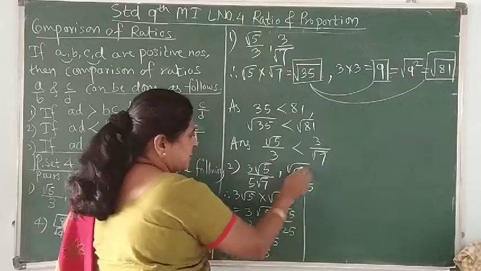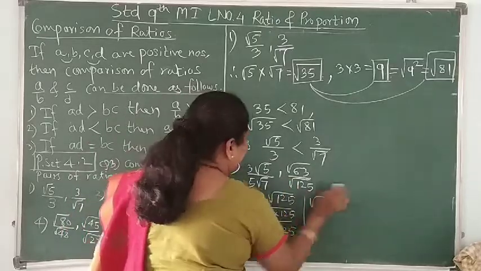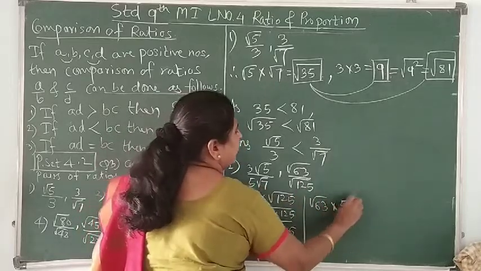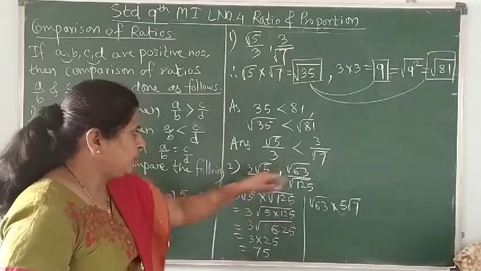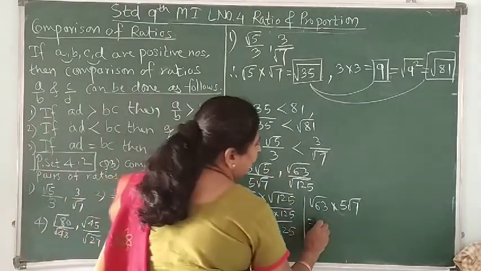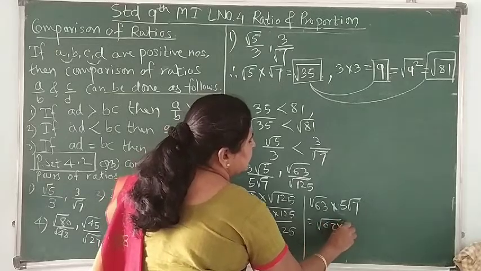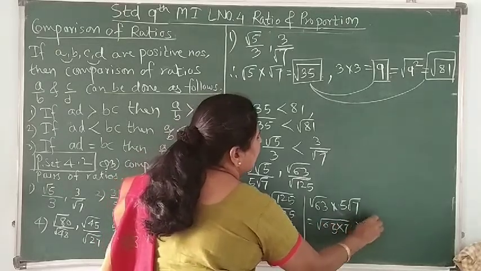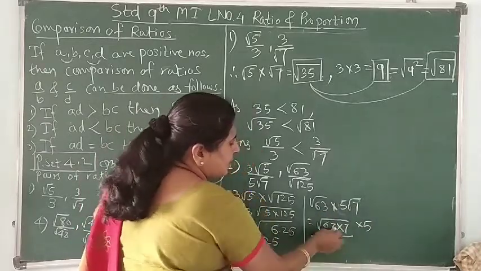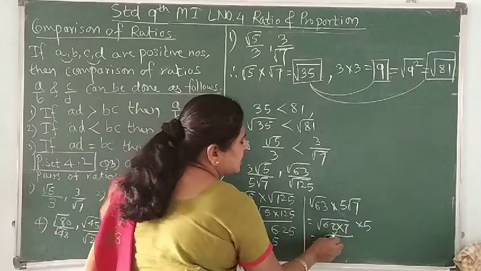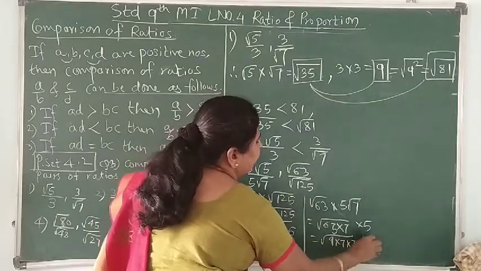Let's see what is the product of square root of 63 and 5 into square root of 7. So here we have taken the product of A into D, and now let's take B into C. Now square root of 63 into 7, let's take it, and 5 is outside the square root. 63's factors are 9 into 7, into 7, and this into 5.